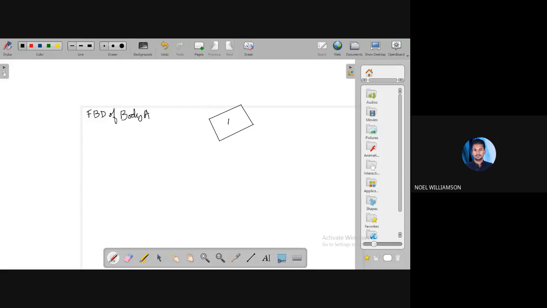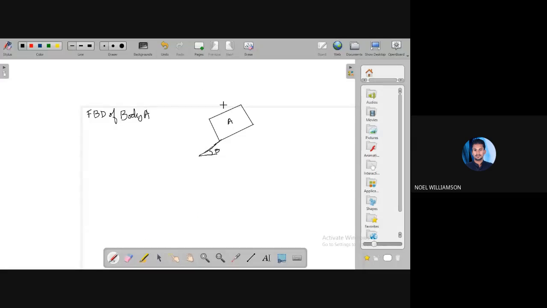This is body A, which is at an angle theta. So the forces are acting on body A.